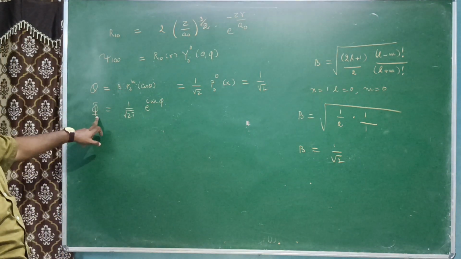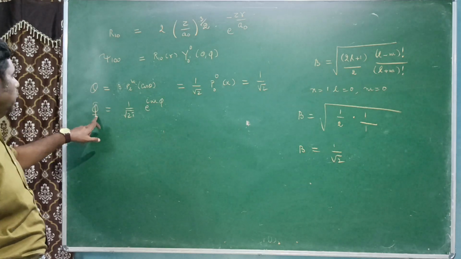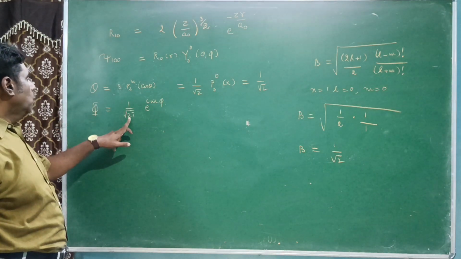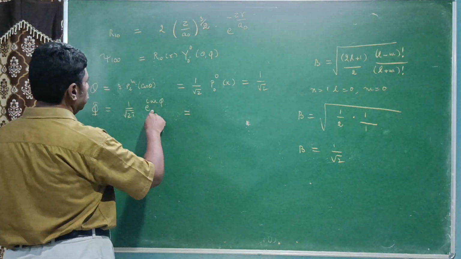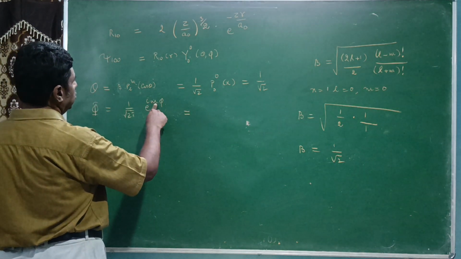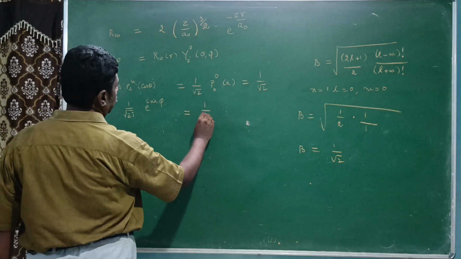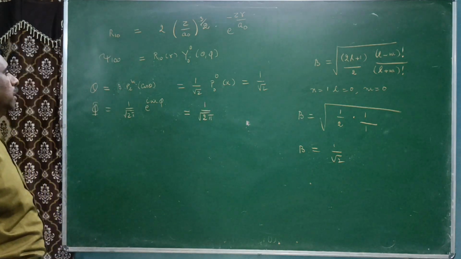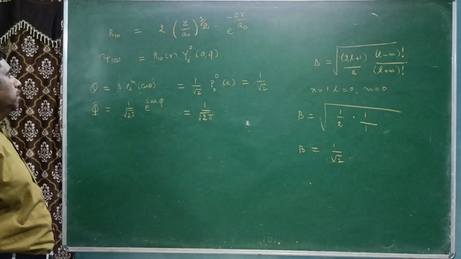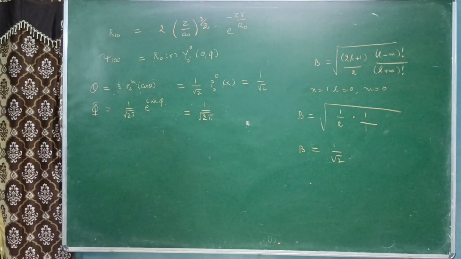Now for the phi equation, we have the relation that the phi value is 1 divided by root 2 pi into e power i m phi. Here m is equal to 0, anything power 0 is 1. So it is 1 divided by root 2 pi. Now we have to multiply these two things.